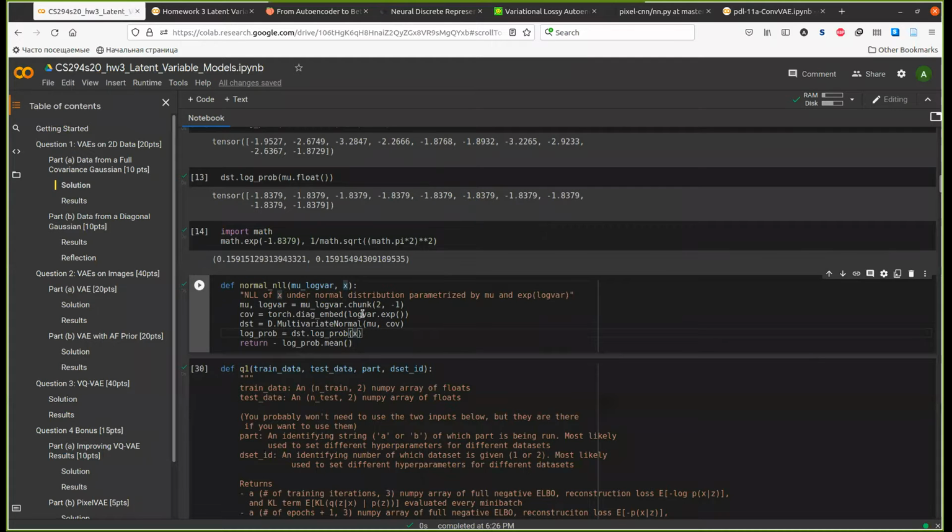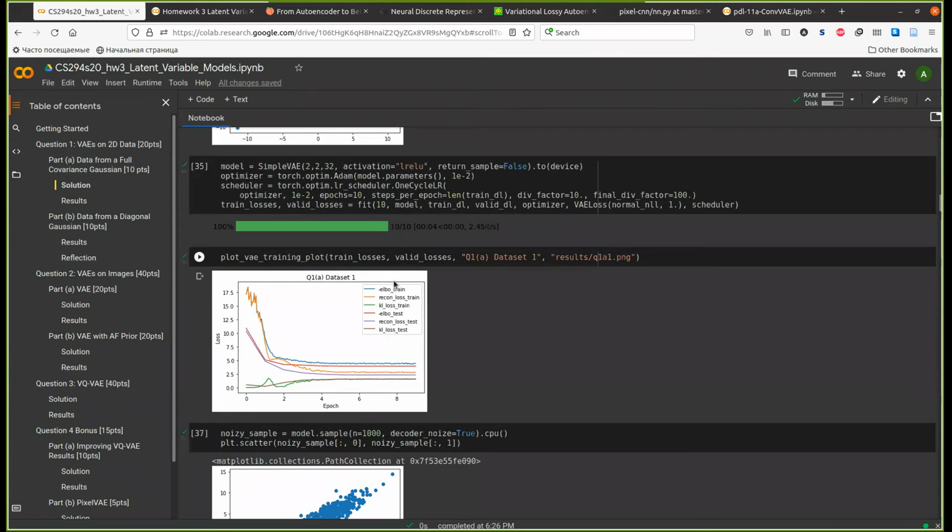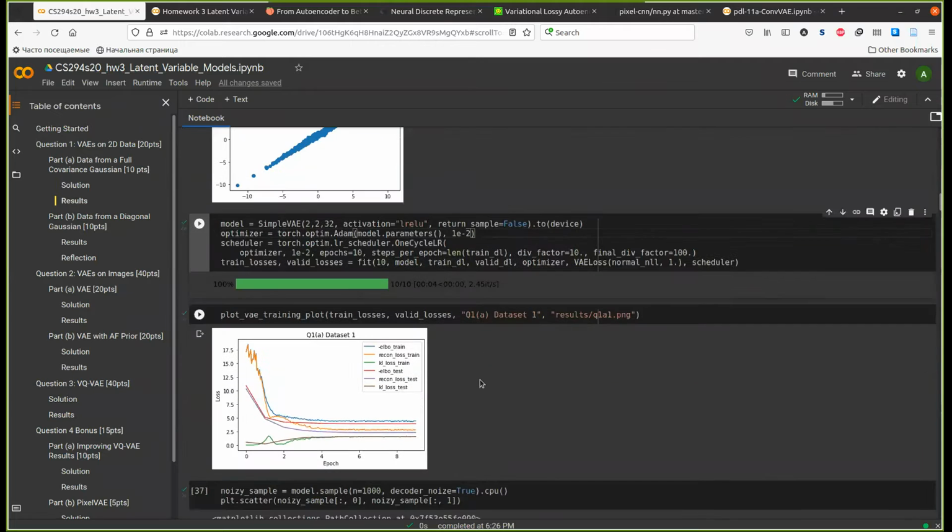The better the distribution we output fits the data, the lower the loss will be, right? So the negative log likelihood. If we use this as a loss function, we do the same training procedure, but we have a different reconstruction loss here.